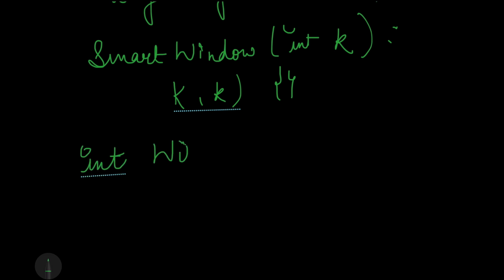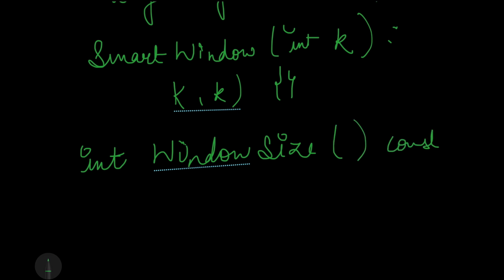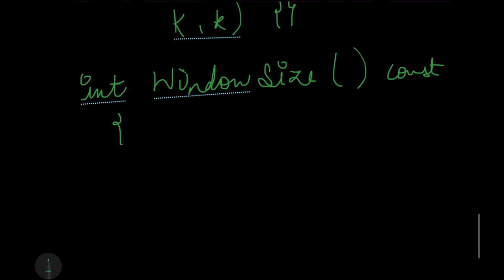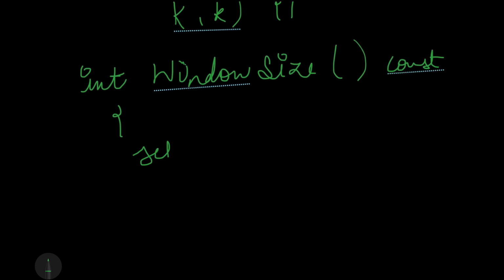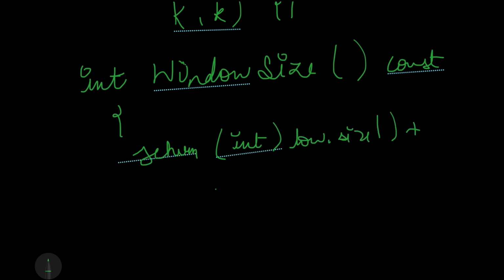Then we have a method to find our window size, which will initially start from the first element to distance minus the first element, which returns low dot size plus int of high dot size.